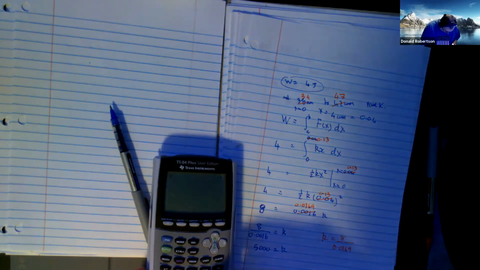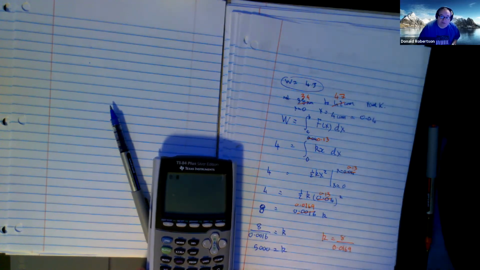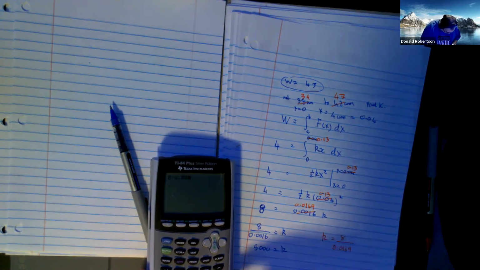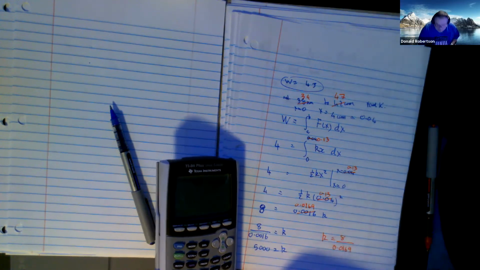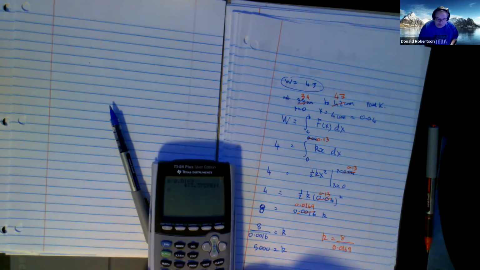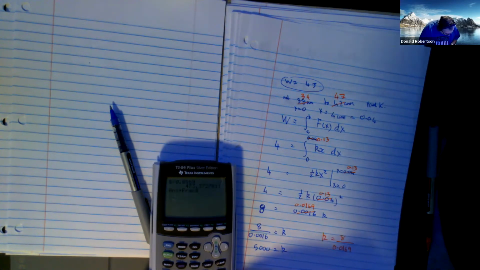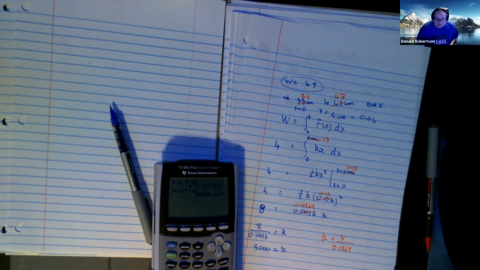He's 8 divided by 0.0169, and you get that decimal, which you can't see because I haven't got enough light. And I'll hit the math button on 1, see if I can make it a fraction. And there's my fraction.